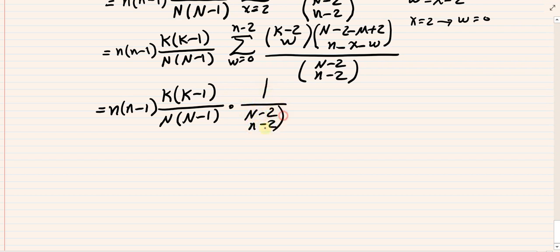And the sum of what you see in the numerator, again, that sum is going to be k minus 2 plus n minus 2.